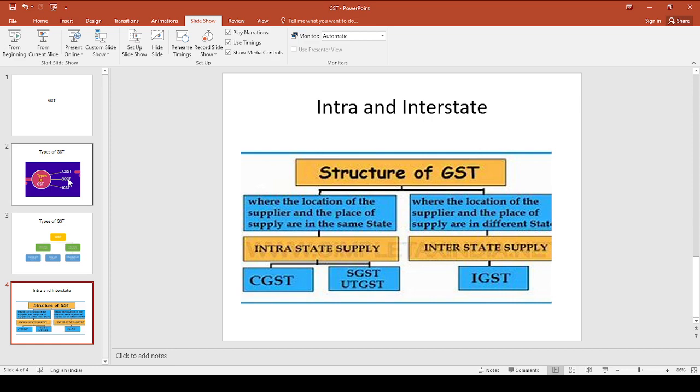So in all intrastate transactions, two types of taxes will be applicable, CGST and SGST. So this 18% GST will be equally divided between the state government and the central government. That means CGST will be 9% and SGST will be 9%. CGST will be collected by the central government and SGST will be collected by the state government.